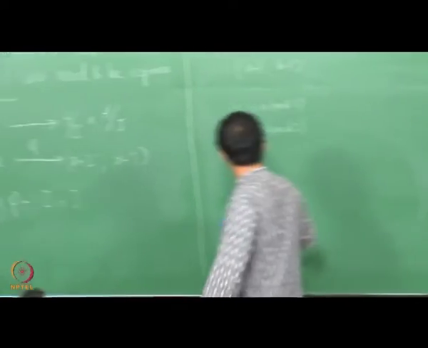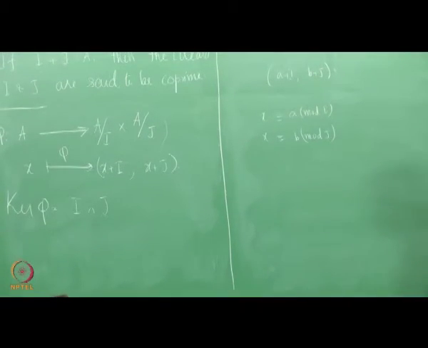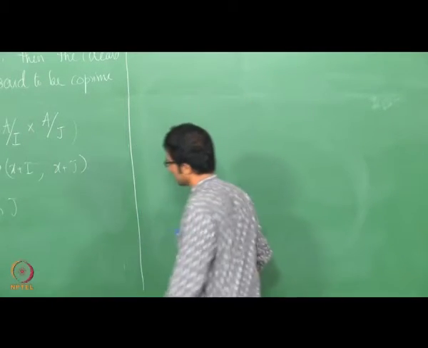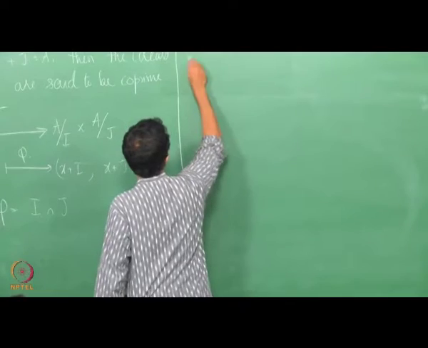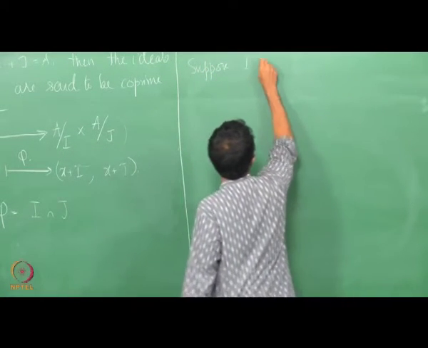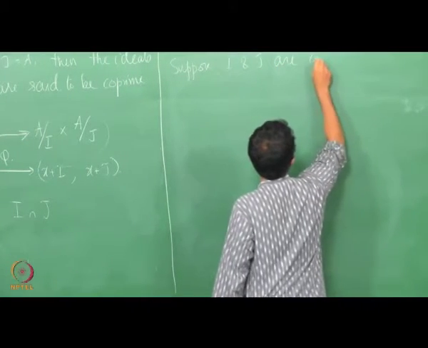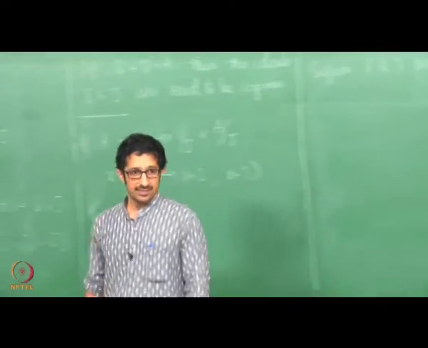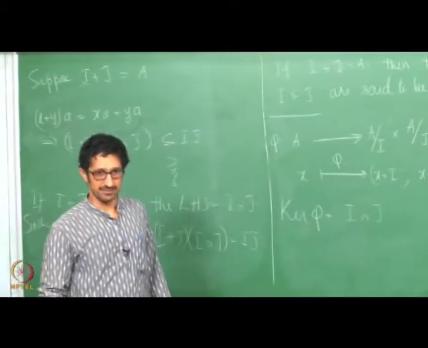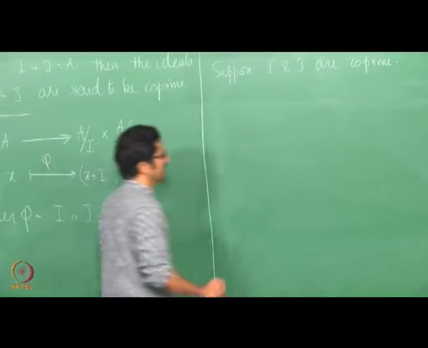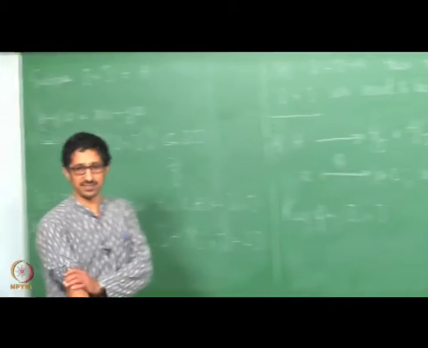So what should be the equivalent? If I and j are co-prime, let's try to see. Suppose I and j are co-prime. Can we say that the map is surjective? How do I check whether the map is surjective?